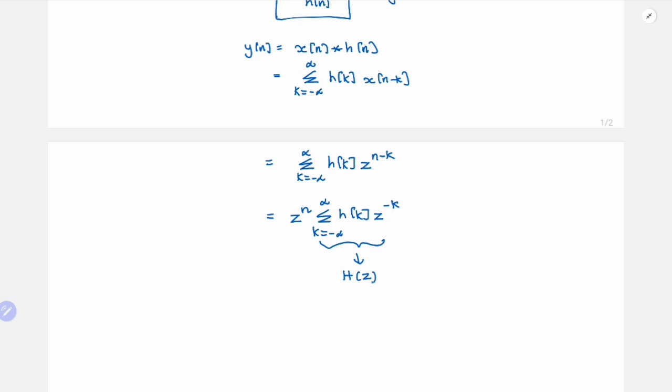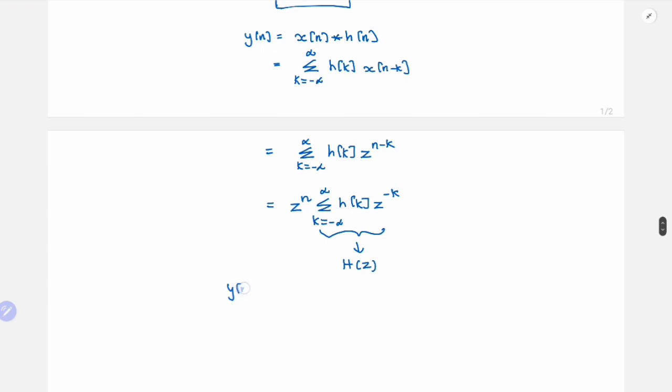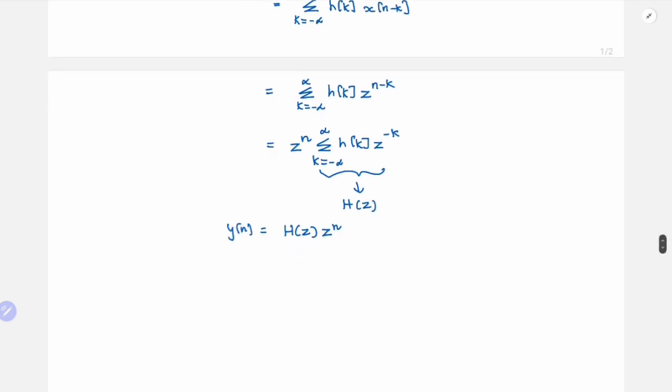So I'll only be left with h of z. Then I can write my y of n as h of z into z power n. So what does it look like? We had the LTI system with impulse response h of n, and we had z power n, and we got the output as h of z into z power n.